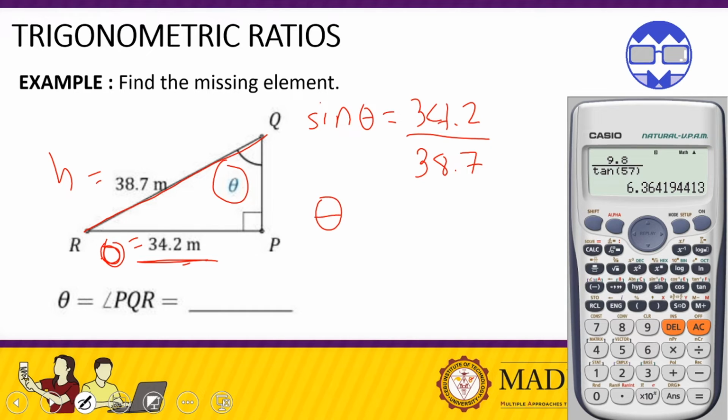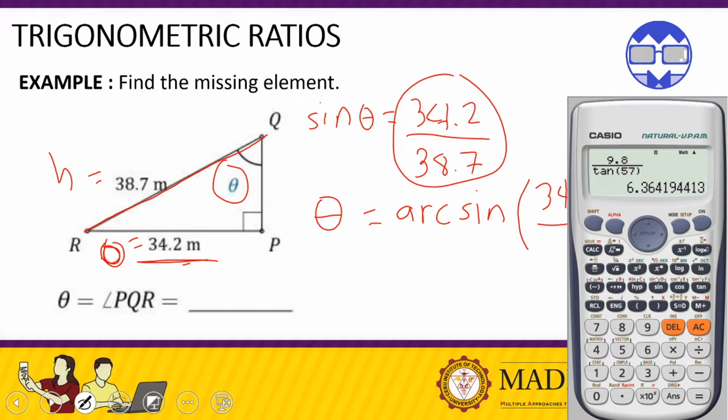So theta becomes arc sine of whatever is here. So we just write 34.2 over 38.7.